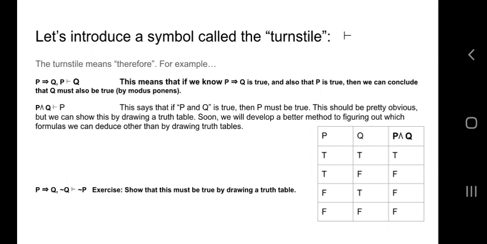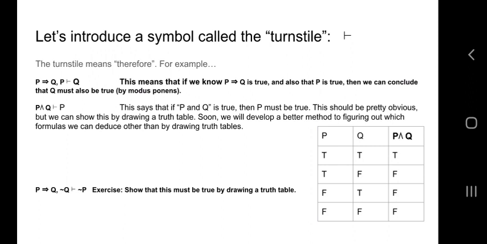Okay, so let's introduce a symbol that we're going to use in this class. It's called the turnstile, perhaps because it looks like a T that's been turned. It also resembles those spokes that you push in the airport, which count a ticket and turn in a loop.